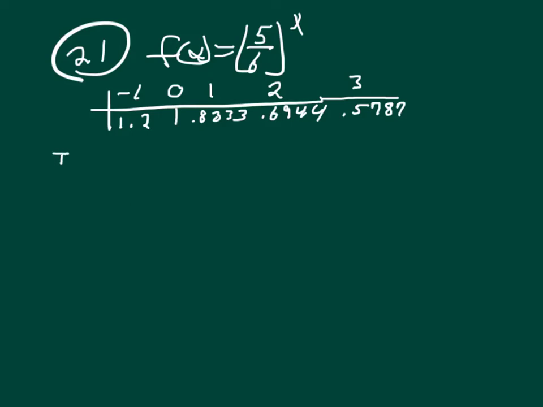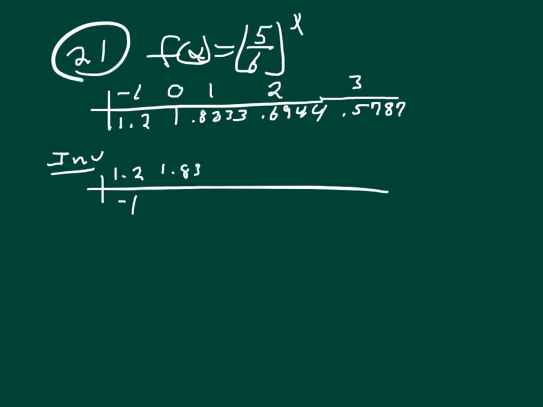So the inverse of this is going to just be flipping that around. So here I will get 1.2 and negative 1. Then I'm going to get 1 and 0. Oops, sorry guys, let me fix that.